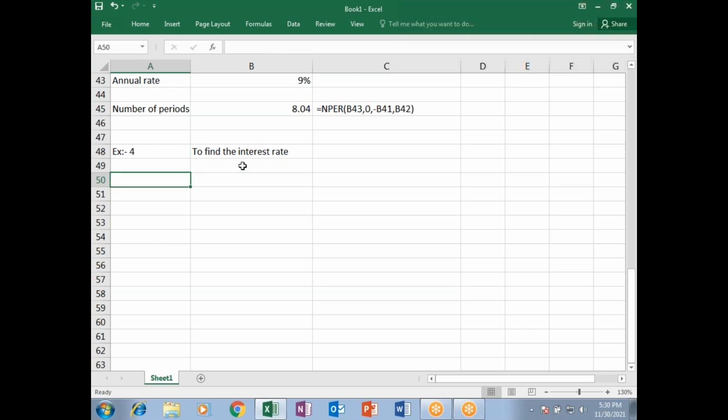Now if I wanted to find the interest rate, as you are finding the rate, there will be no rate in the column. So you need to find out the rate. What will be there is the present value, future value, and the years. Those are all the values that we standardly give, to find out the particular rate.